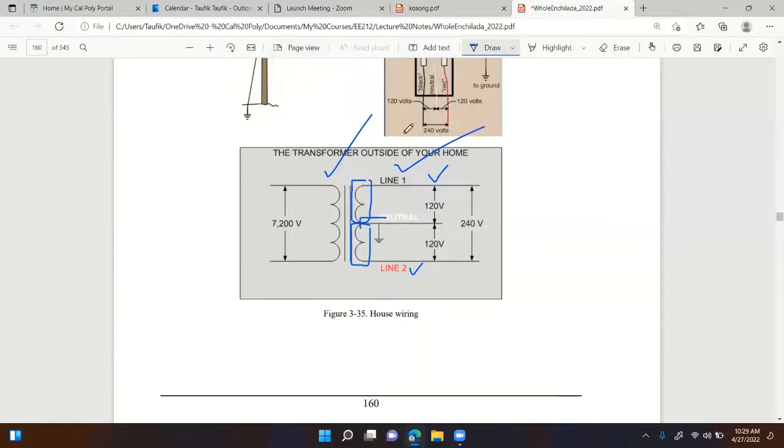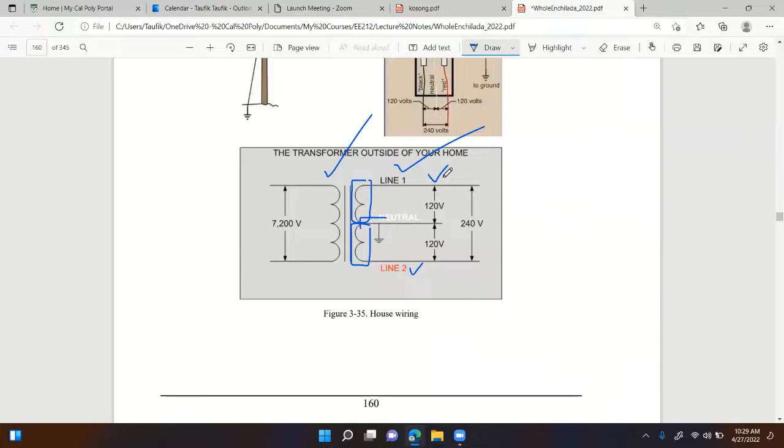But in any case, underground or sitting on the pole, it would have one single winding on the primary side, 7200 volts, and another winding on the secondary side with a center tap, right? Why do you need the center tap? So that you can actually run two different voltages inside your house.